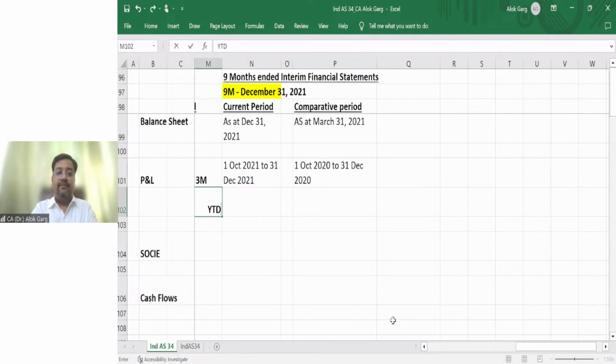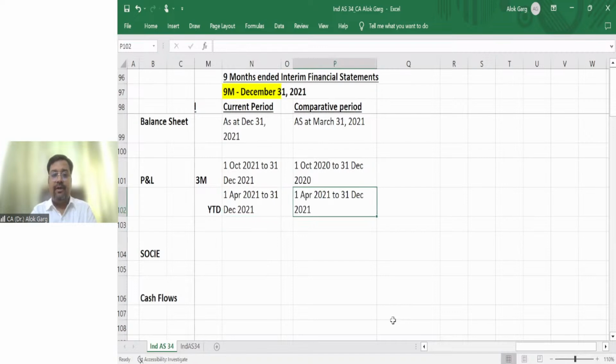Then year to date, okay? Your P&L will be for the current quarter and year to date, meaning 9 months ending. So 9 months means 1st April 2021 to 31st December 2021. Comparative will be 1st April 2020 to 31st December 2020, right?